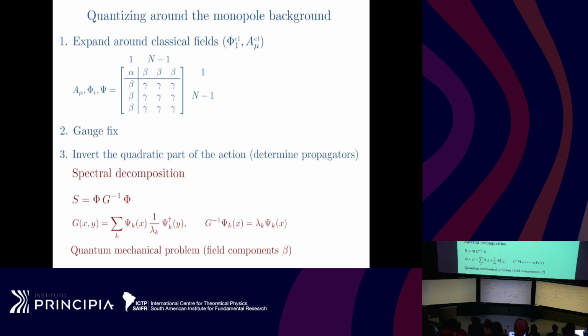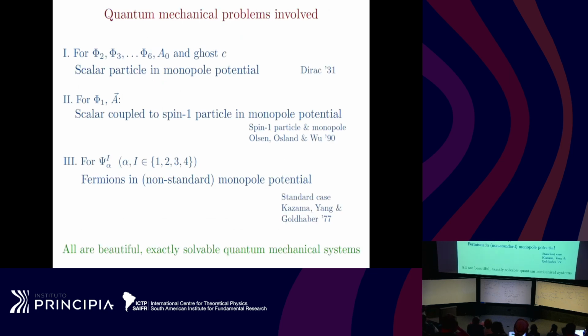And it's only the field components here of type beta which really are influenced by the monopole and which really need to be treated by this method here. Okay, so there are 3 types of fields which behave or must be treated differently in this quantum mechanical framework. There are some fields which are what we call easy fields.